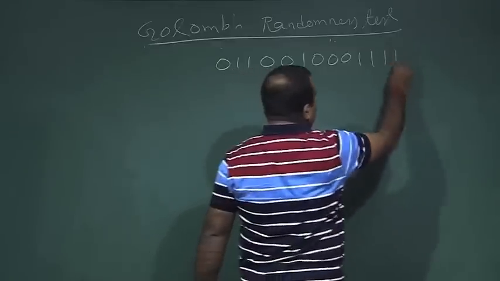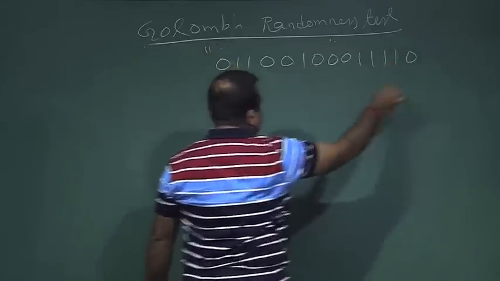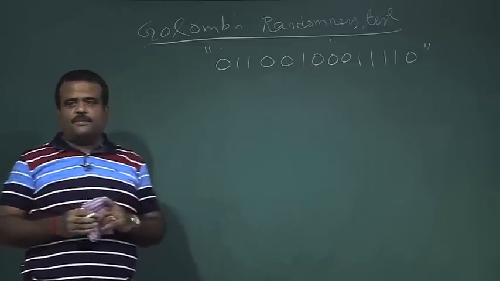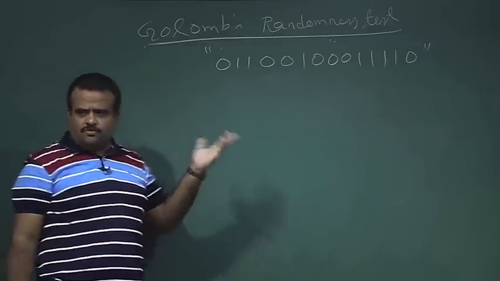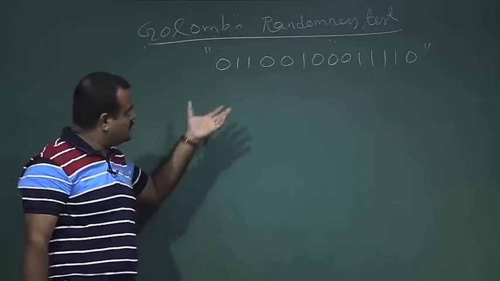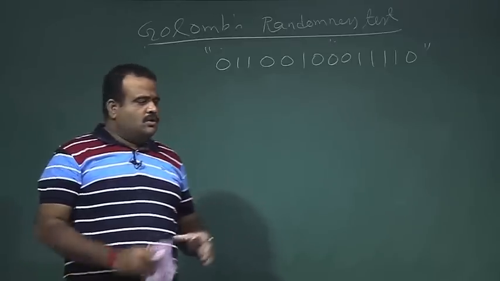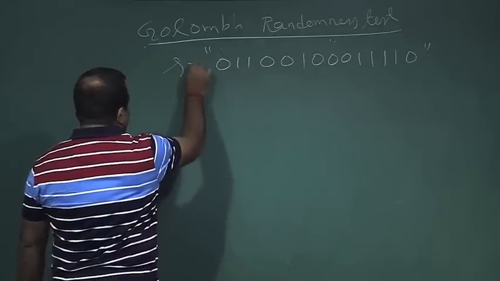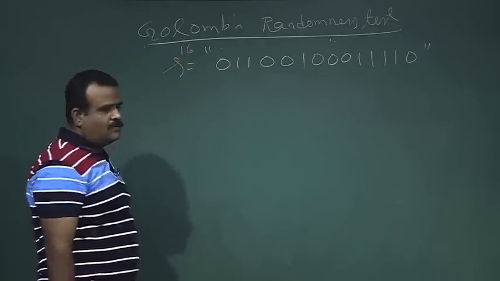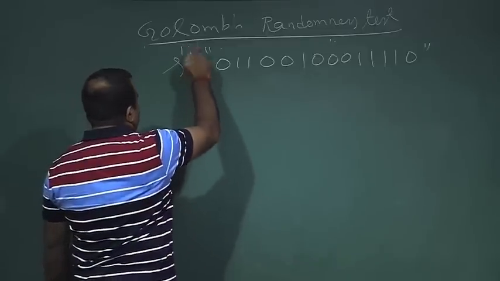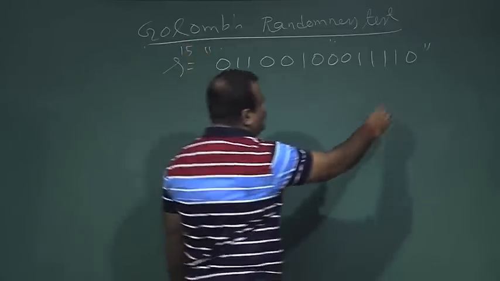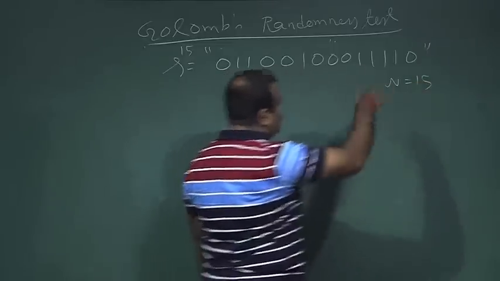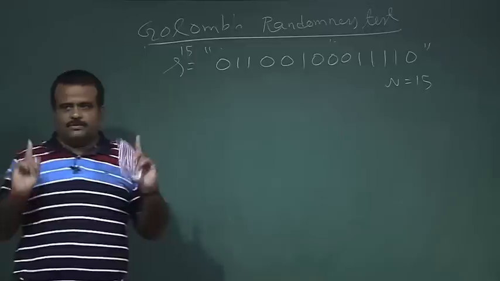This is a period of a sequence coming from a pseudo random bit generator. It could be an LFSR; we will see it is basically coming from an LFSR. So, this is our sequence S, and n is 15 over here. After that it will repeat again. So, we take a period of that sequence.